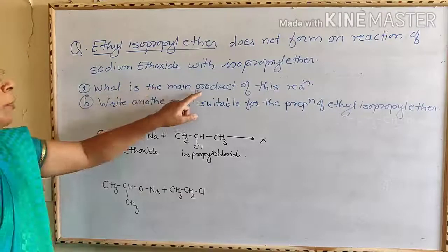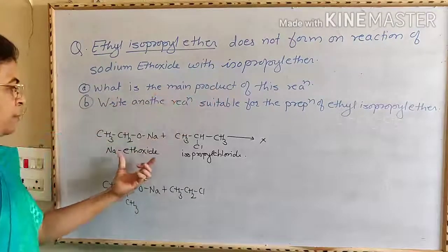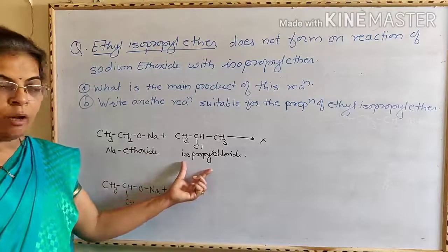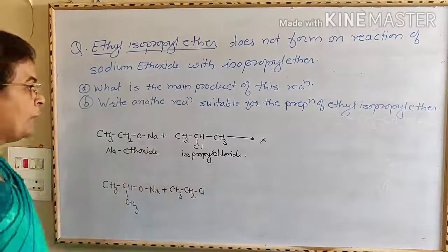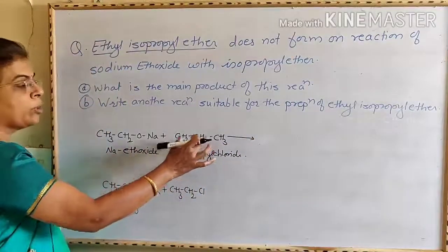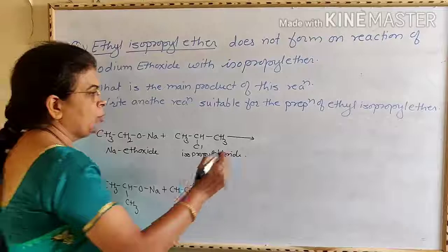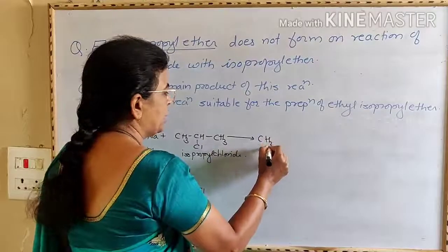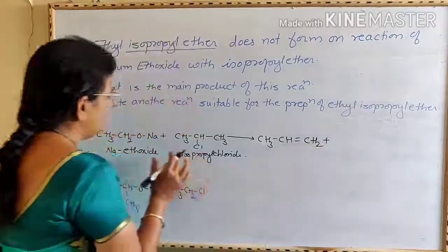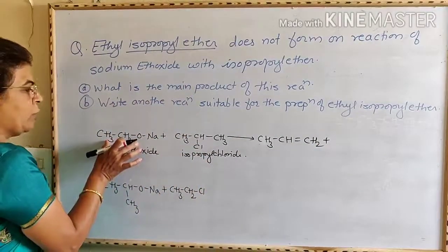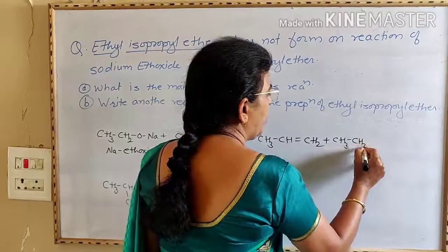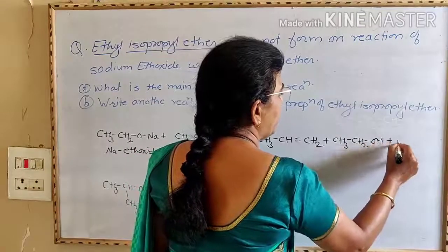What is the main product of this reaction? If the reaction between sodium ethoxide and isopropyl chloride is carried out, then which main product is formed? Then this compound undergoes dehydrohalogenation to form CH3CH=CH2 plus ethanol, that is CH3CH2OH, plus NaCl.